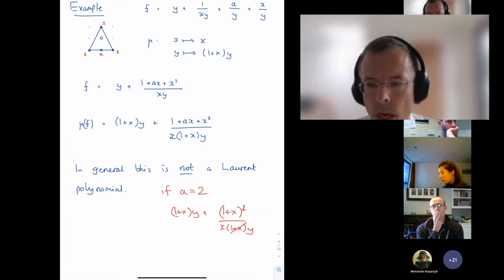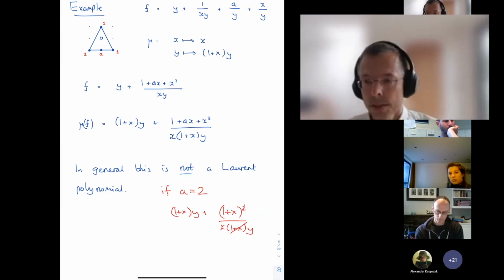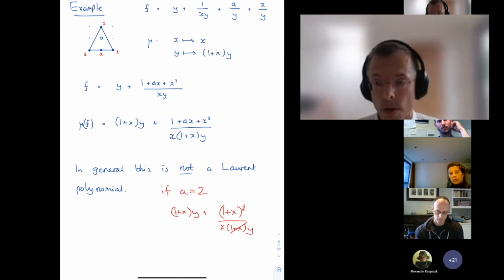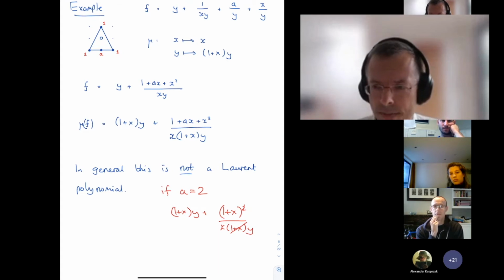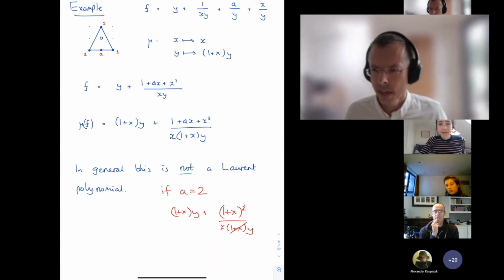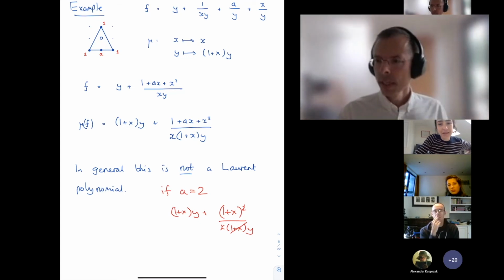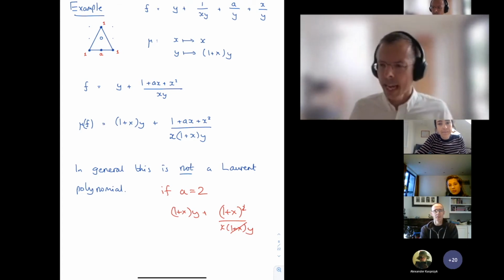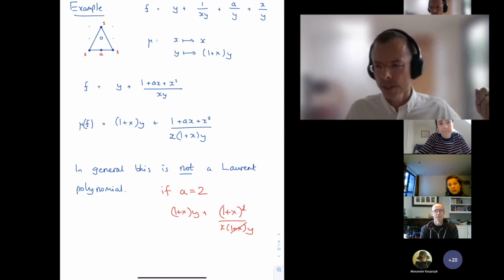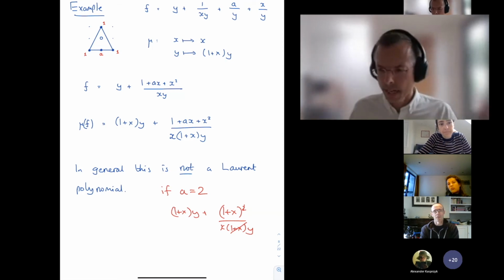Okay, so from my point of view, I don't know. Is Anne-Sophie in the audience? I think she is. Anne-Sophie, do you want to come in here? There is some idea that if I have a birational transformation of the torus, then it's expected to be a composition of these things.